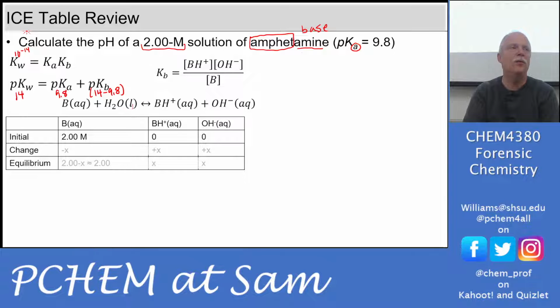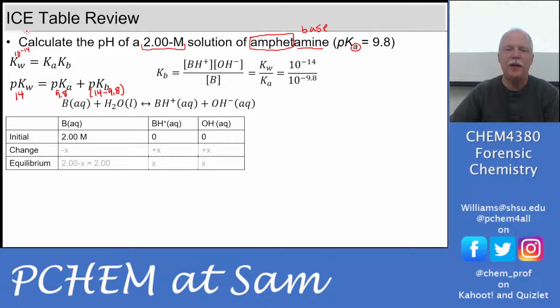Whereas this is liquid water, so it would be the concentration of liquid water in liquid water. That's going to be a constant. And so it's lumped into K. So all of the times you see liquid water or solid substances, those are not going to show up in the equilibrium expression. Only the aqueous species are going to show up in the equilibrium expression.